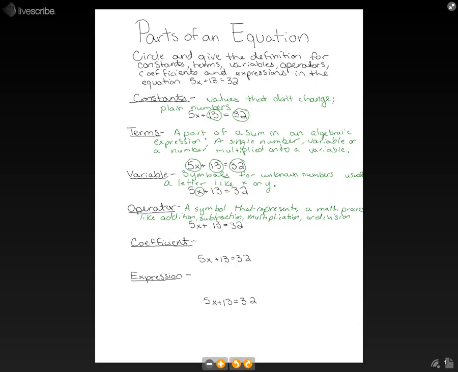So in this equation, we have a plus sign, and that is our operator. And note that we did not include the equal sign as an operator. The equal sign is not an operator.